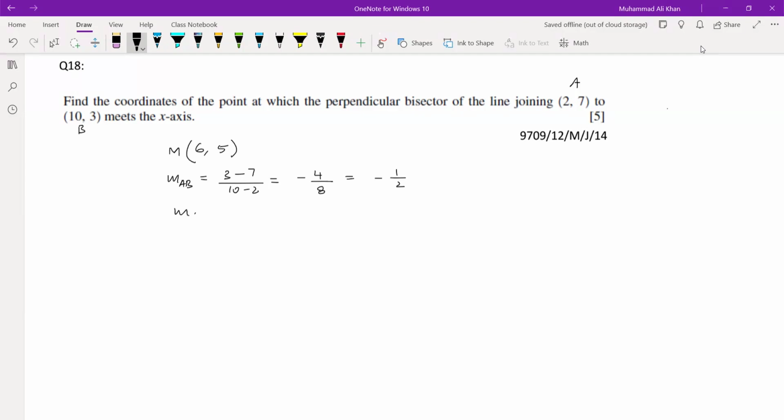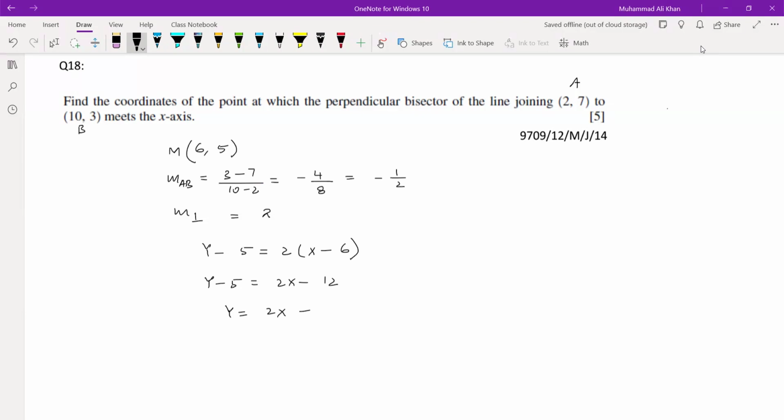Therefore, the gradient of perpendicular bisector is 2. So, by using y minus y1 equals m times x minus x1, use the coordinates of midpoint for x1 and y1. So y minus 5 equals 2 times (x minus 6), and y equals 2x minus 12 plus 5, which is 2x minus 7.